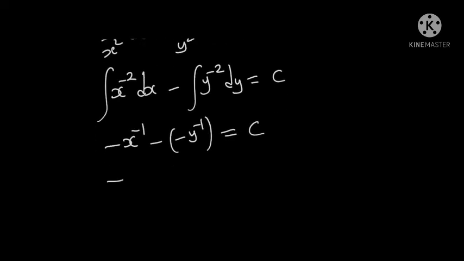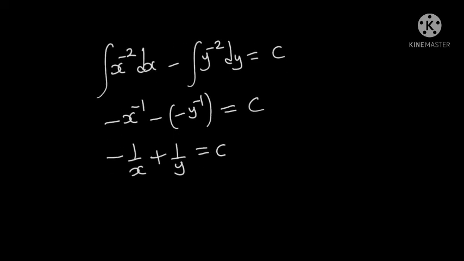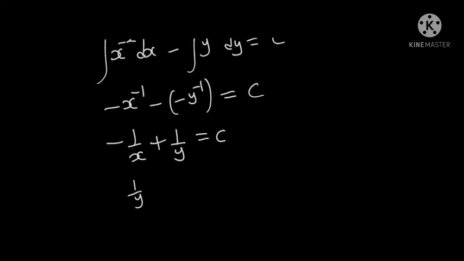Now this can be written as minus 1 over x, minus and minus will be plus 1 over y equals c. So this is the same as 1 over y minus 1 over x equals c. And this is the required general solution.